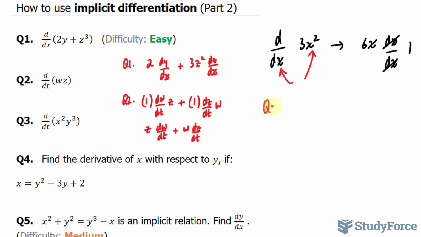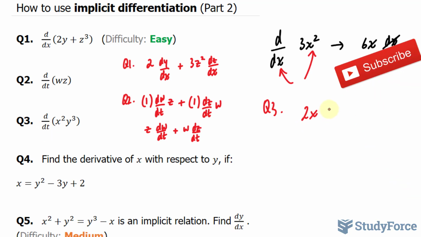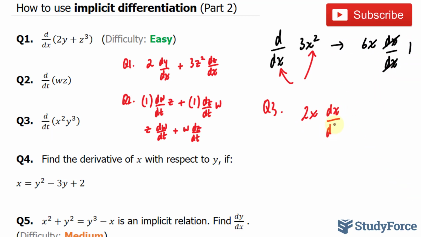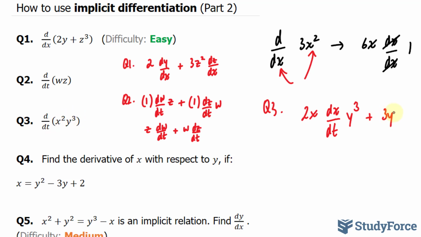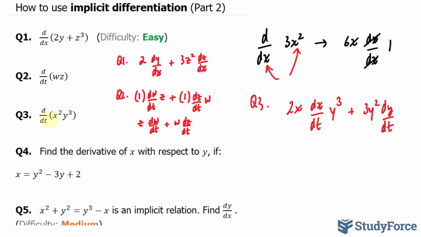Moving on to question 3. Once again, we need to use the product rule here. We'll start with the derivative of x to the power of 2. That is 2x, and since it's with respect to t, we have to write dx over dt, leave y to the power of 3 the way it is, plus, now we find the derivative of y to the power of 3 with respect to t, dy over dt, and leave x to the power of 2 the way it is.